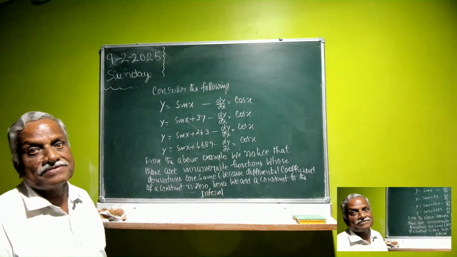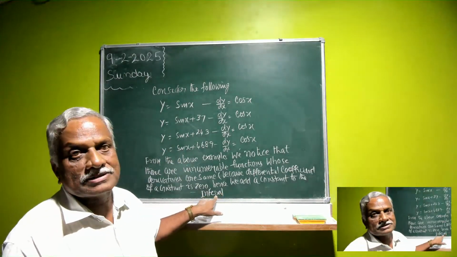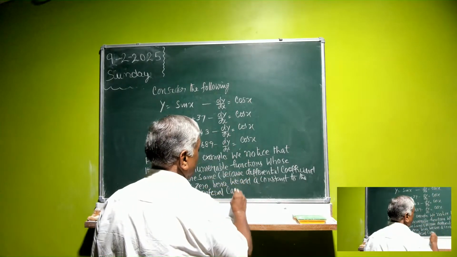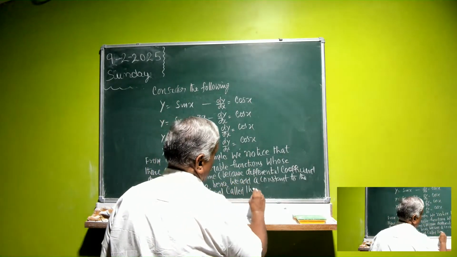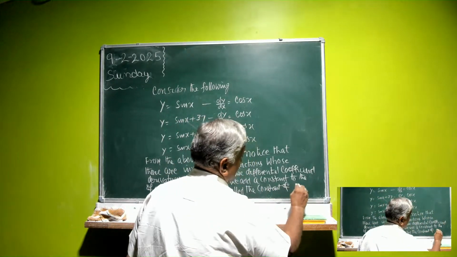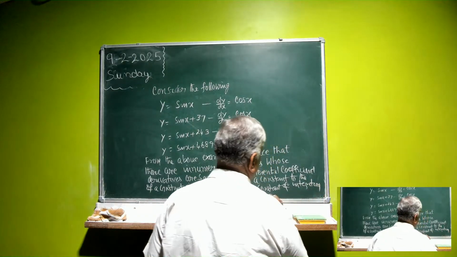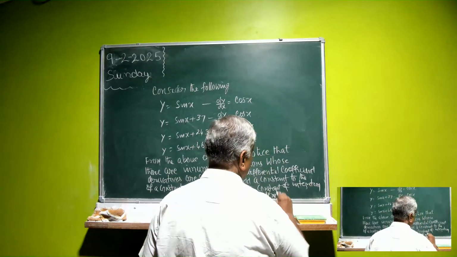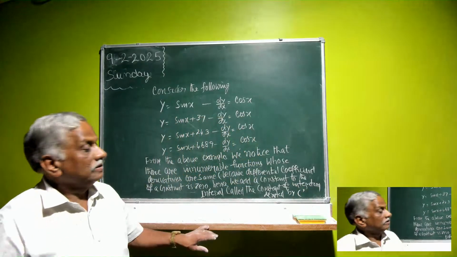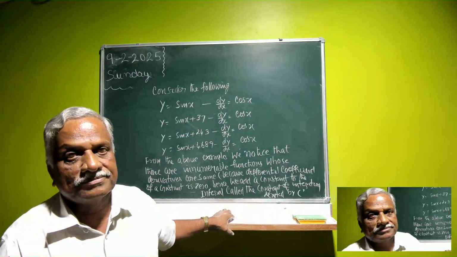See, integral means answer. Integrand is the problem. We are adding a constant to the integral answer, but not to the problem, called the constant of integration, denoted by C. So there are innumerable functions whose derivatives are same.